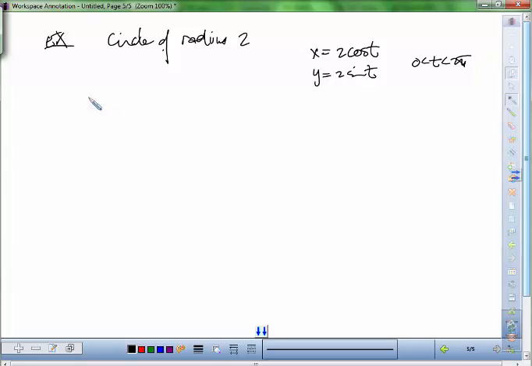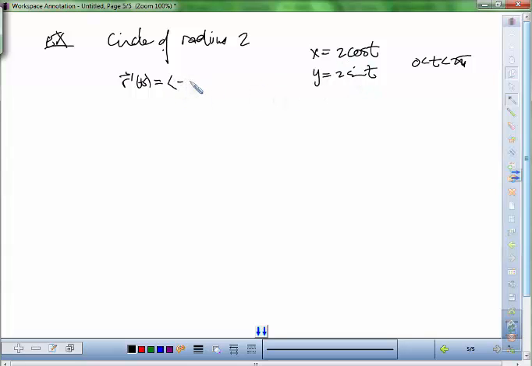So we computed the, well, we didn't really find this. We kind of skipped over the step, but let's figure out what the tangent vector is.